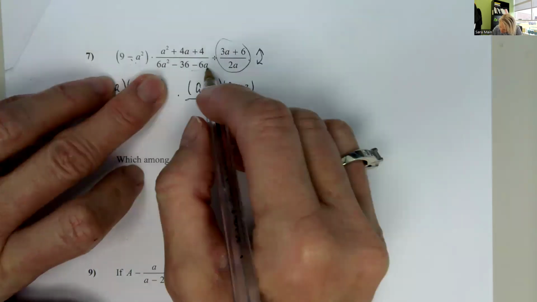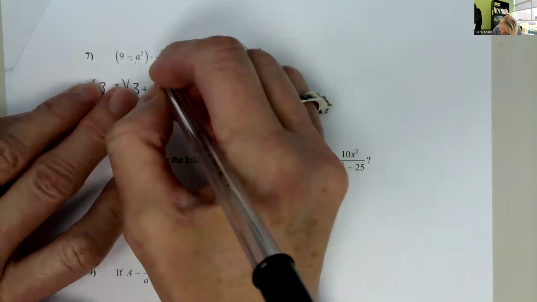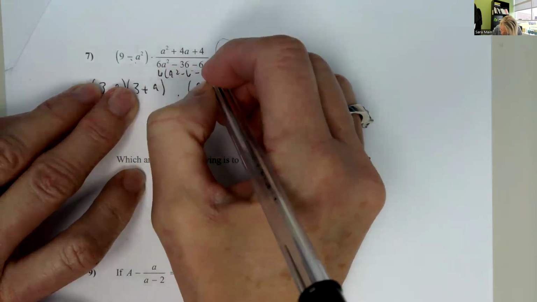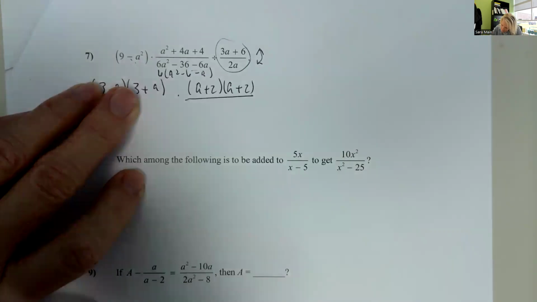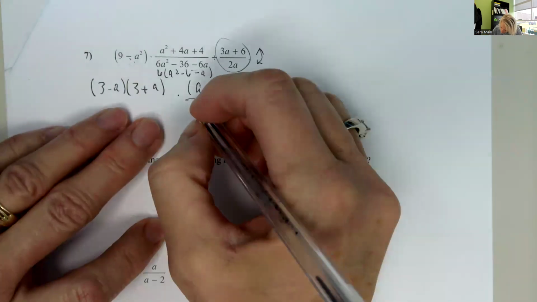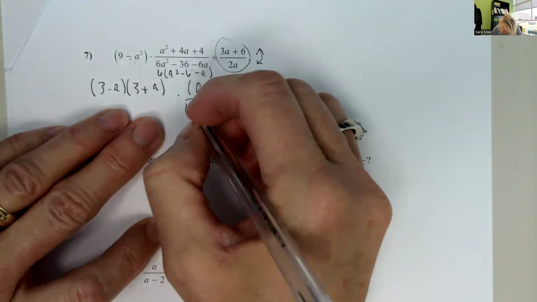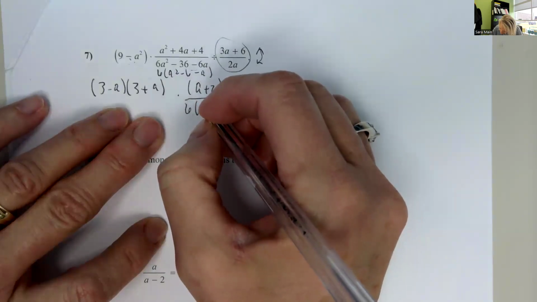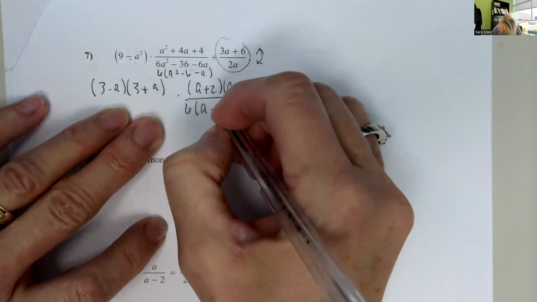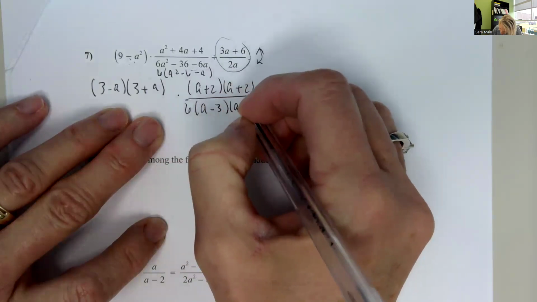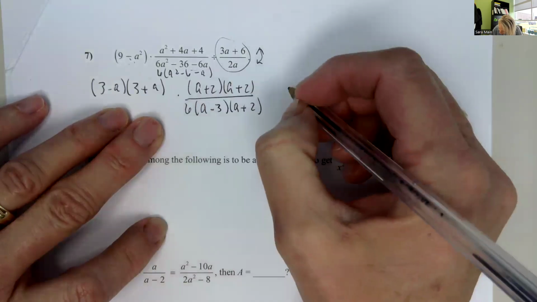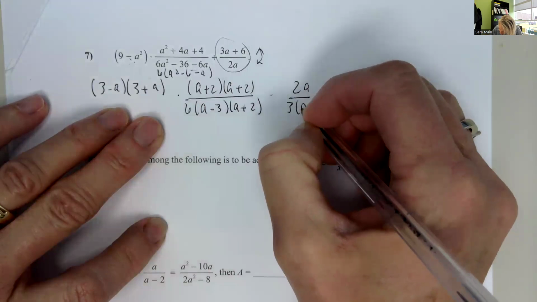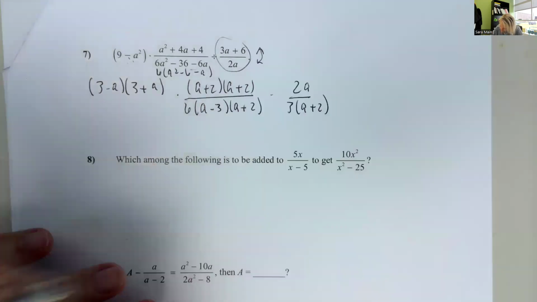And then here, I'm going to factor out 6, so it's a squared minus 6 minus a. So I've got 6, and this one is a minus 3a plus 2, and then 2a over 3a plus 2.